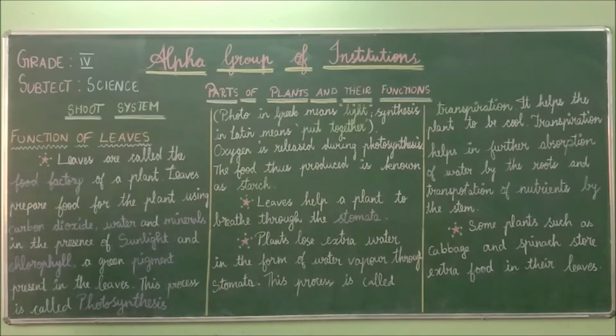Green dot-shaped structures are called chlorophyll. This process is called photosynthesis. So the whole food making with the help of carbon dioxide, sunlight, water, minerals, chlorophyll, everything, this process is called photosynthesis. Is it clear, students?